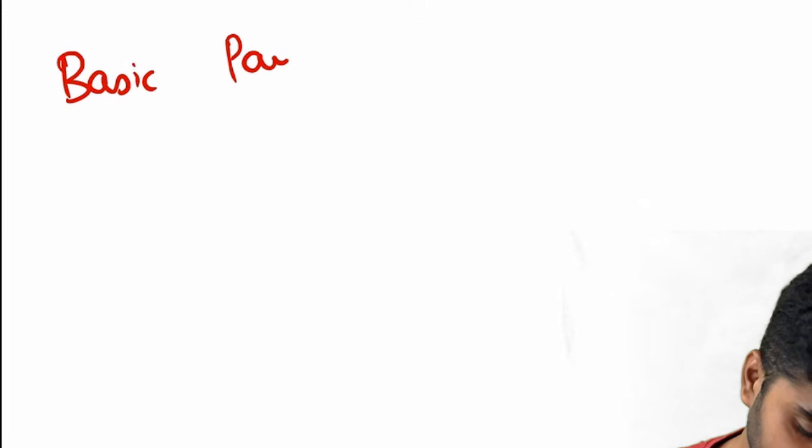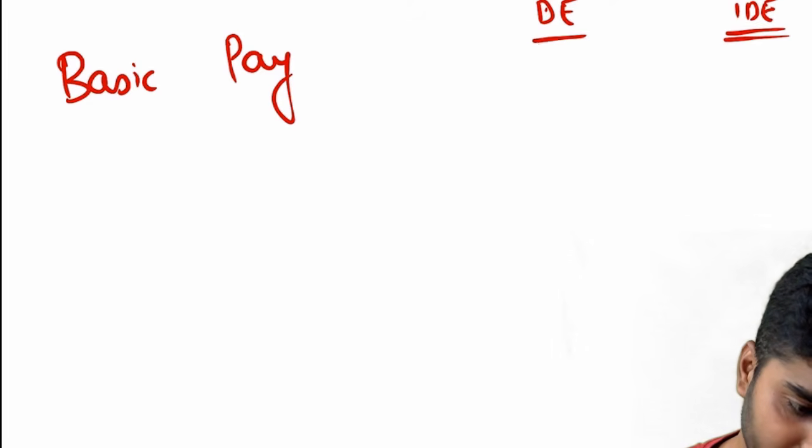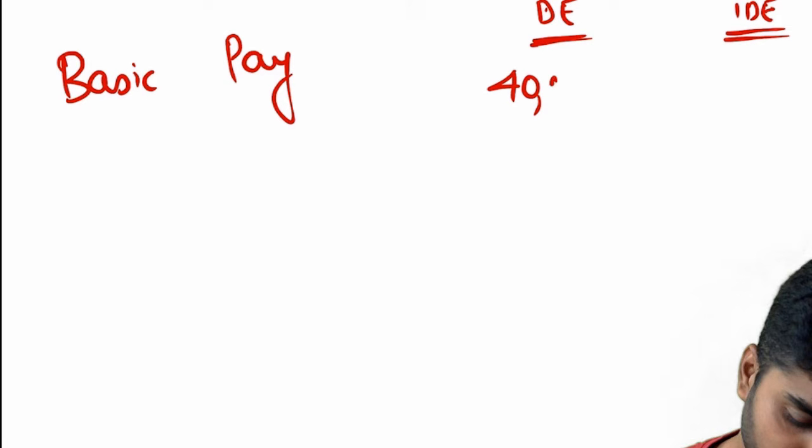Now, I want you guys to just check this one. Basic pay: direct employee, indirect employee. You're paying 40,000 and let's say 30,000.